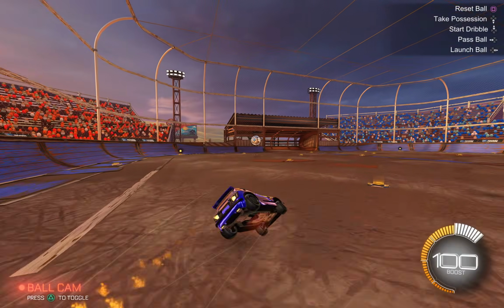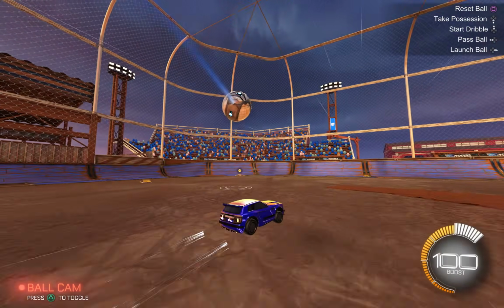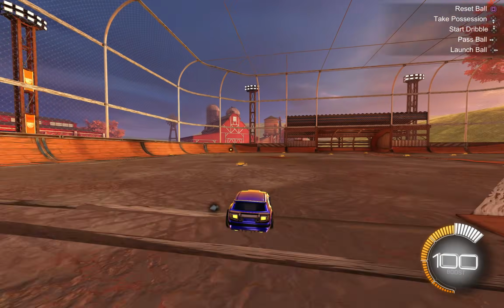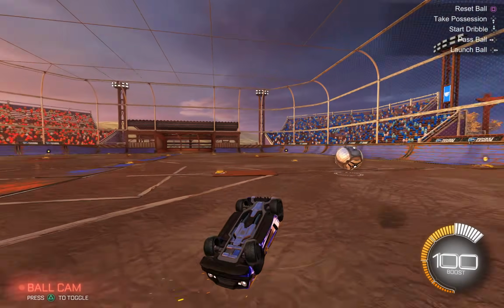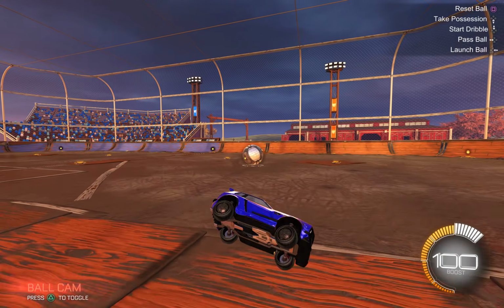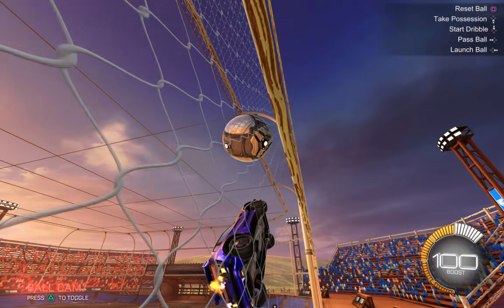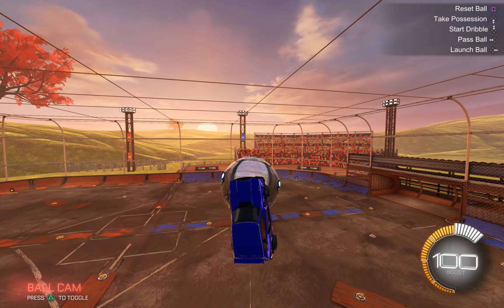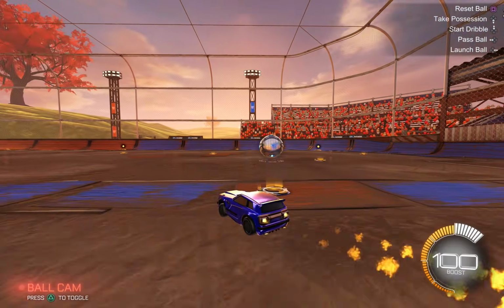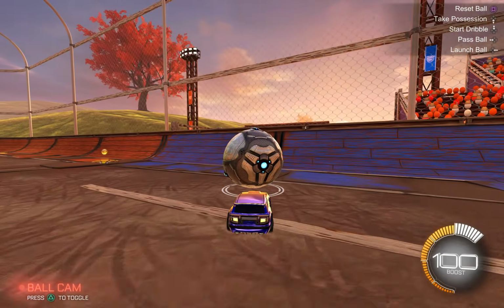One of the big reasons that's possible is because on the ground, the diagonal flip cancel is pointing your nose into the ground, which on the contrary, when you go off the wall, actually points the nose of your car up. And that's one of the big things.